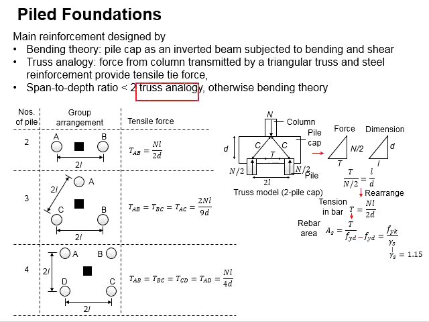Therefore, the Truss Analogy is used. Otherwise, when the depth of the pile cap is relatively small, the bending theory is used. In this chapter, we will focus our discussions on the Truss Analogy, as demonstrated here.